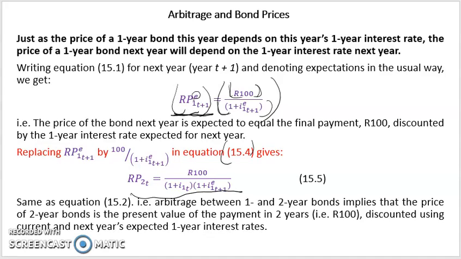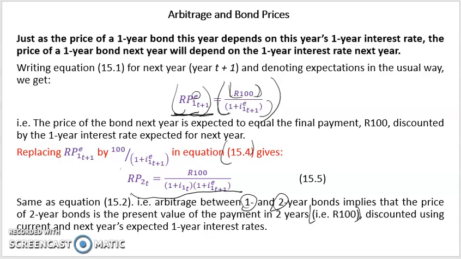So this suggests that the arbitrage between 1- and 2-year bonds implies that the price of the 2-year bond is equal to the present value of the payment in 2 years. That is the present value of 100 Rand, discounted using the current and next year's expected 1-year interest rate.